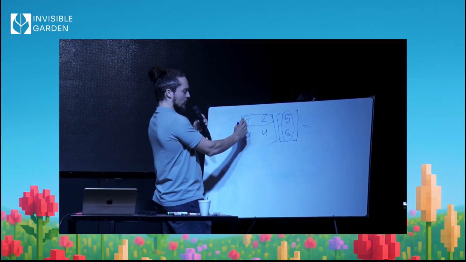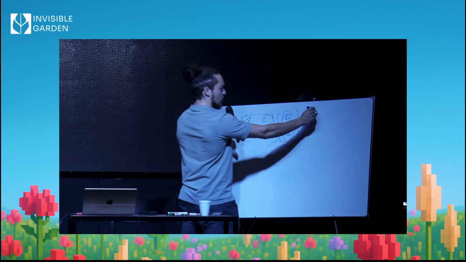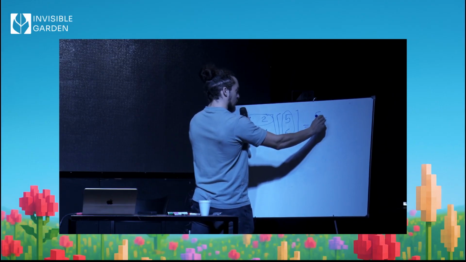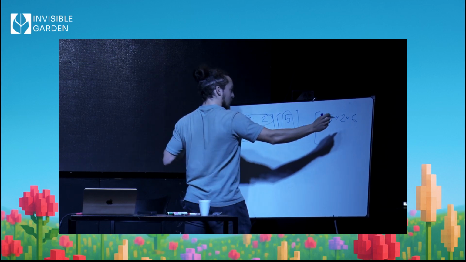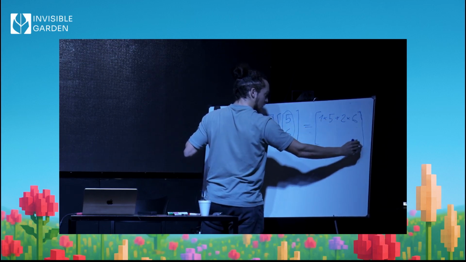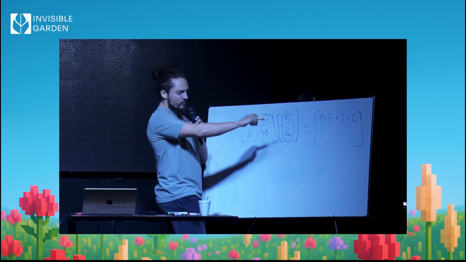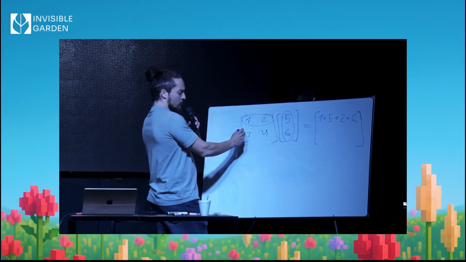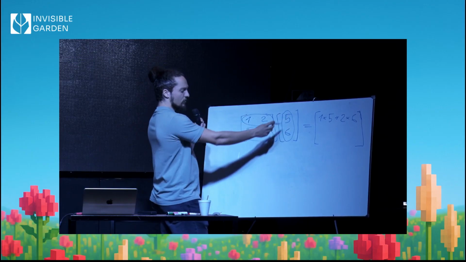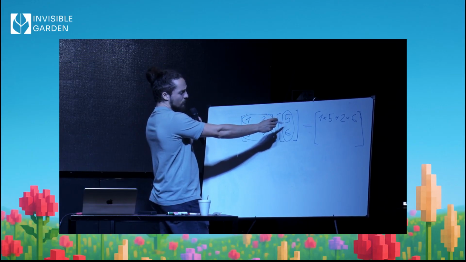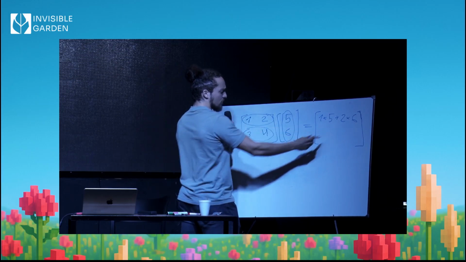So in this case, it's 1 times 5 plus 2 times 6. And that's going to be the first element of your output vector. Then for the second element, you take the second row and multiply it again with the first column, which gives you the second row, first column of the output.